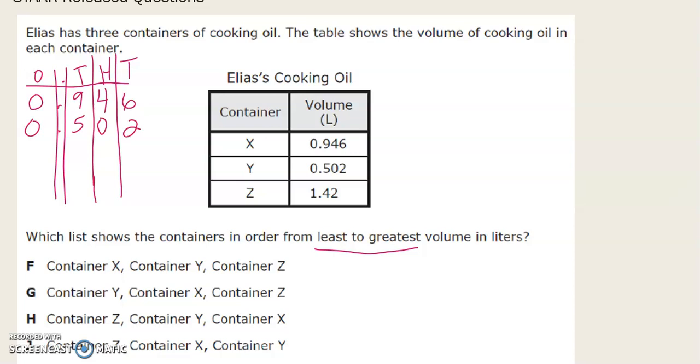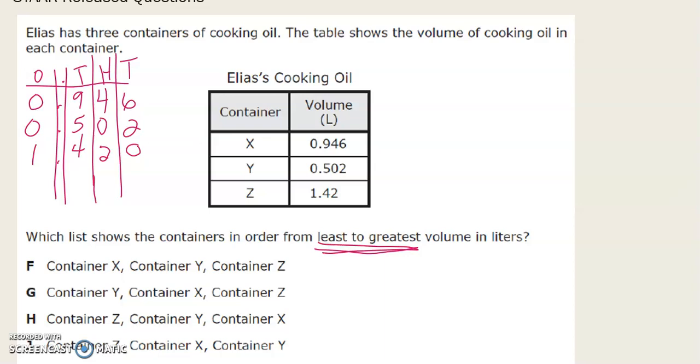And container Z, we have 1 and 4200, so we start with the 1 in the ones place, put my decimal, a 4 in the tens place, a 2 in the hundreds place, and since I don't have anything in the thousands, I'm going to put a 0 so that they're all the same length. Now I'm looking for least to greatest again, so I'm looking at place value.